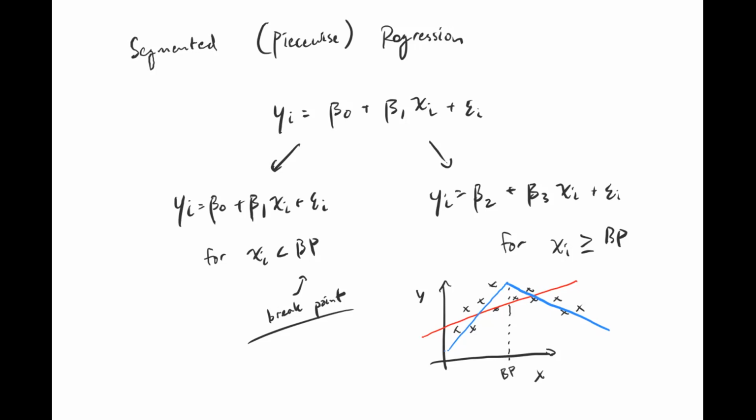The more breakpoints I add, the more flexibility there is, and it's the same question of at what point do I start getting into overfitting? Well, you can do cross-validation to figure that out, but you have an extra dimension of difficulty in that you also have to choose the location of the breakpoints.